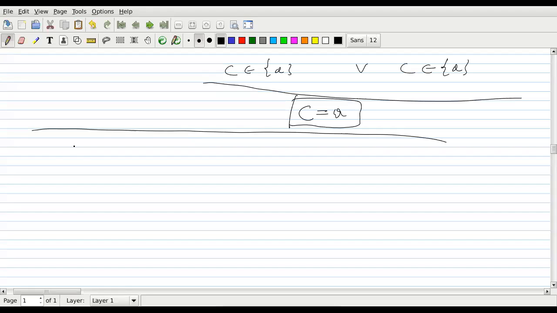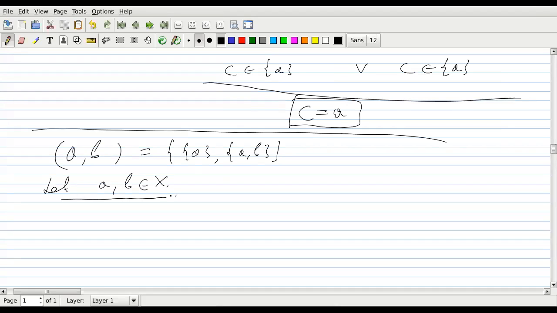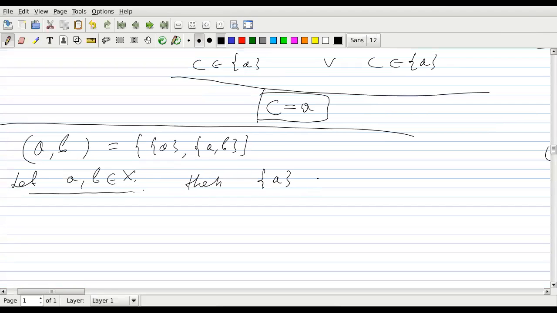In order to do that, let's make the following observation. You know, by definition, we have this thing. Okay. Let A and B be elements of some common X. Then what can you say about this singleton? It is a subset of X, while this one is a subset of X as well.